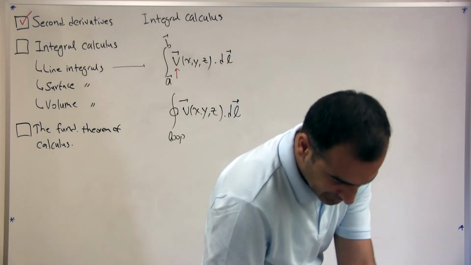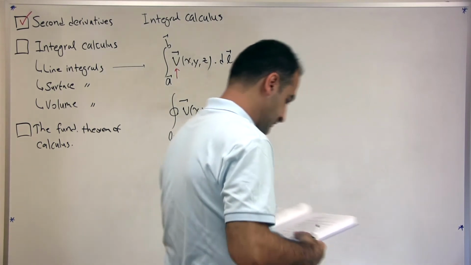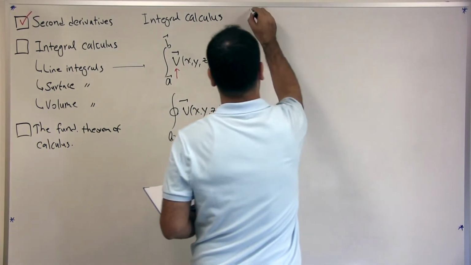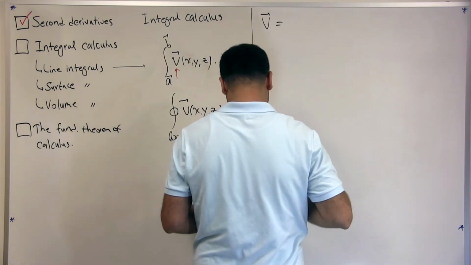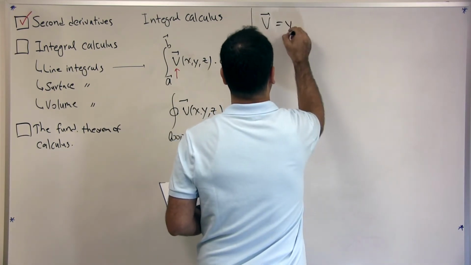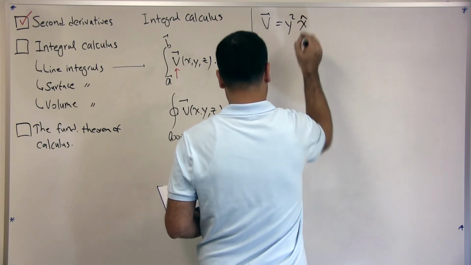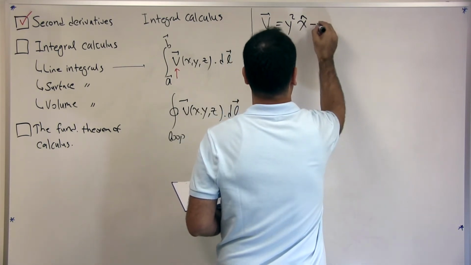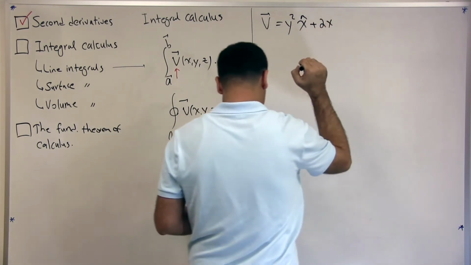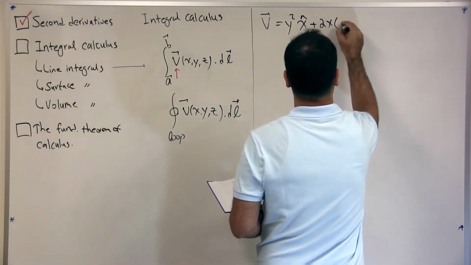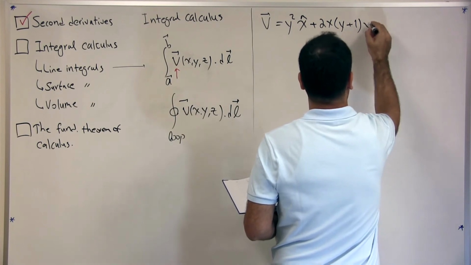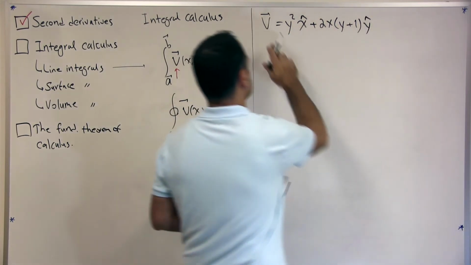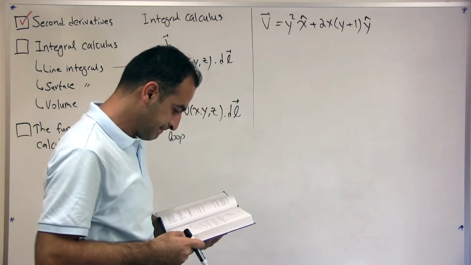So we have the vector field V being y squared x-hat plus 2x times (y plus 1) times y-hat. Okay, so this is the vector field we have.